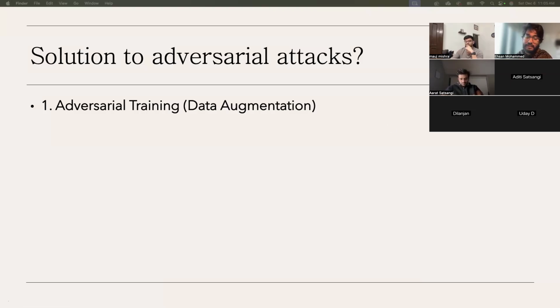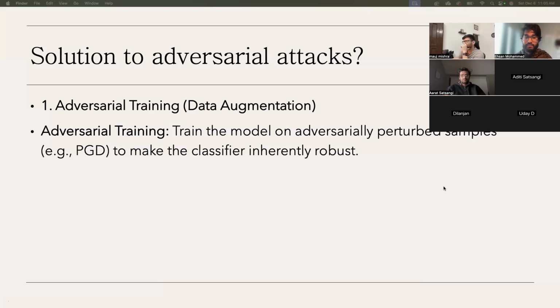Yeah. So moving forward, adversarial training, as the name suggests, what we are going to basically do is train the model on adversarially perturbed samples, which is nothing but adversarial samples or adversarial examples, to make the classifier inherently robust. So for all the possible images in the training data, we create a bunch of adversarial examples, just the way I showed in slide one.